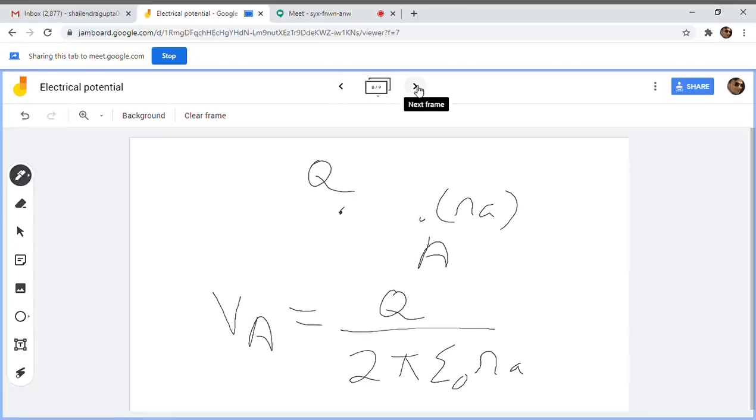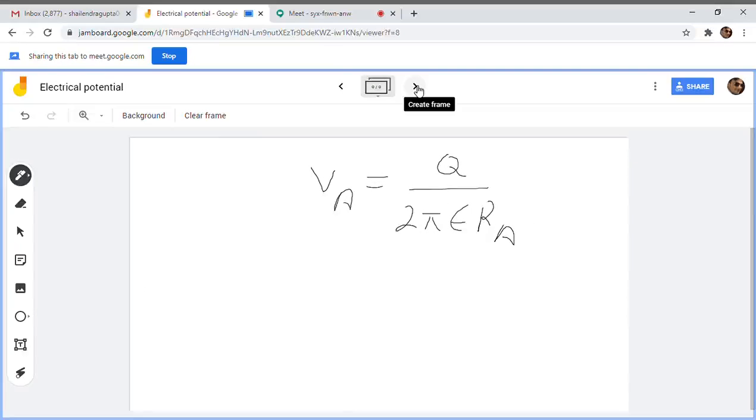So I have written here small r. So the formula which I want to give you is one that can determine the electric field if the potential of a point is known.